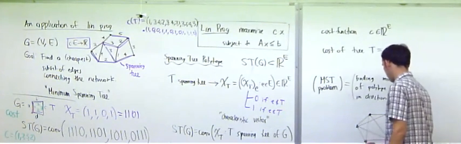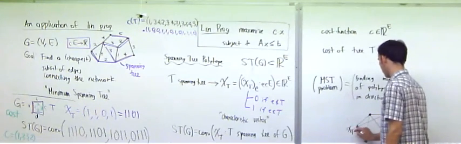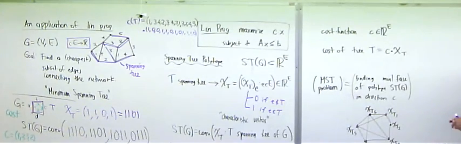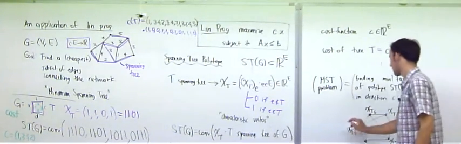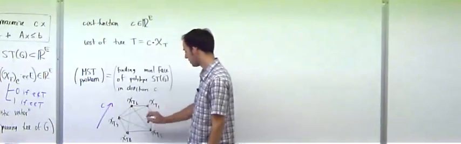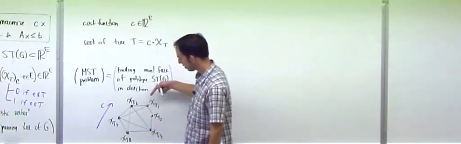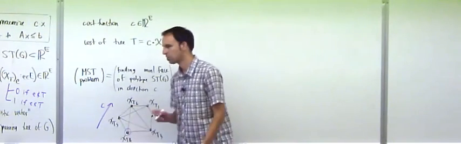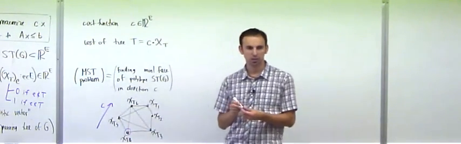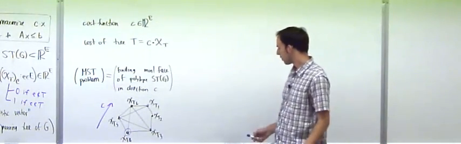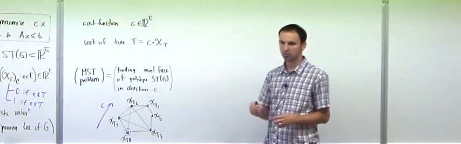So maybe if you have 6 spanning trees, then this polytope is going to have 6 vertices. And then the cost function tells you that you're pointing in some direction. And so what I'm asking you to do in geometric language is just finding, in this case, the cheapest, so the lowest cost. So in this case, it's this vertex, which is the cheapest according to direction C. So that's rephrasing the combinatorics into discrete geometry.